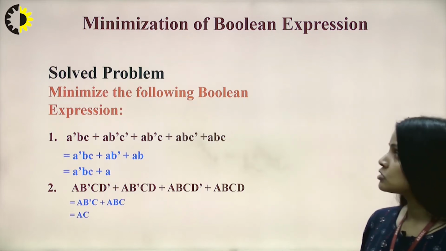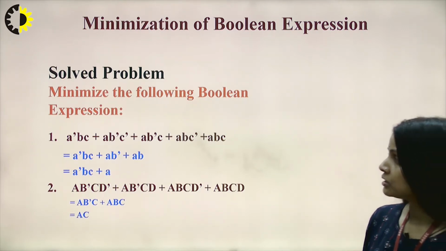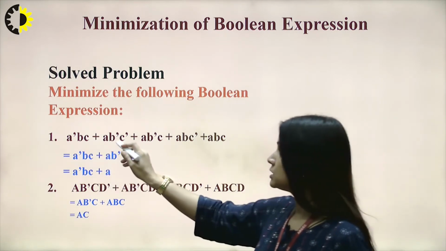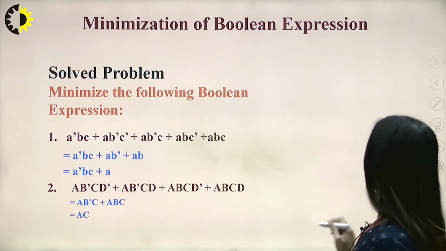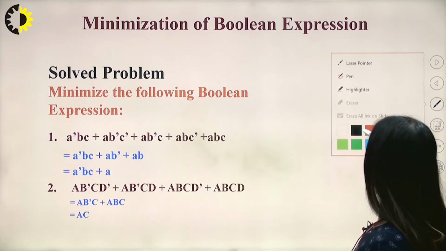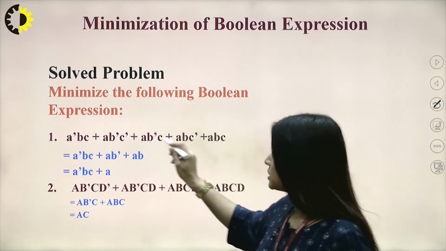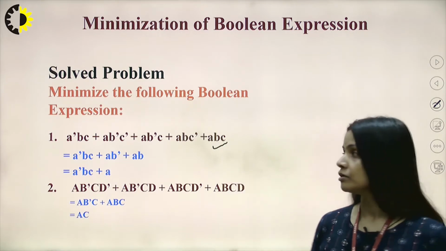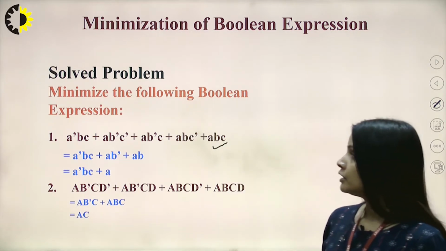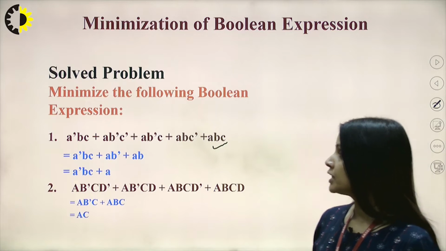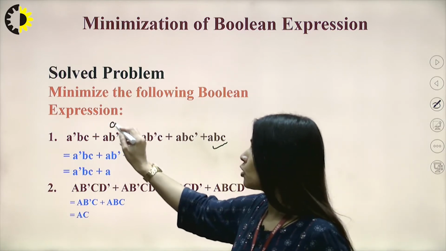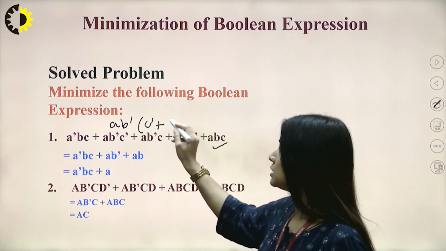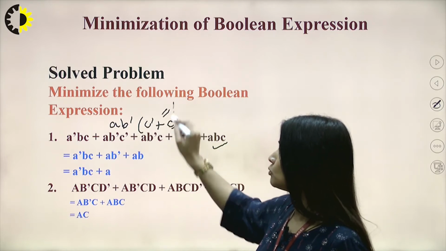Let us suppose a Boolean expression: A bar B C plus A B bar C bar plus A B bar C plus A B C bar plus A B C. This is the Boolean expression we have been given. Now what we can do is take A B bar common, and C bar plus C is equal to 1.